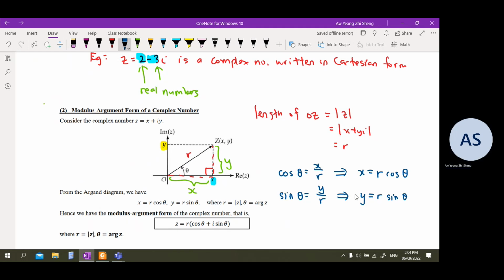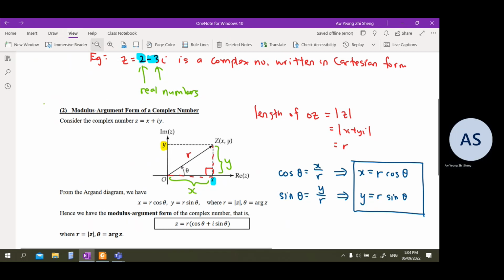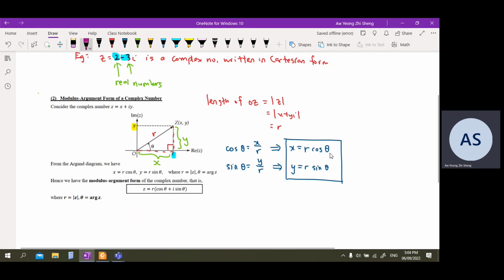Now, although in our diagram here our point Z is in the first quadrant, I wish to let you know that this result for x and y in terms of r and theta holds regardless of which quadrant Z lies in.